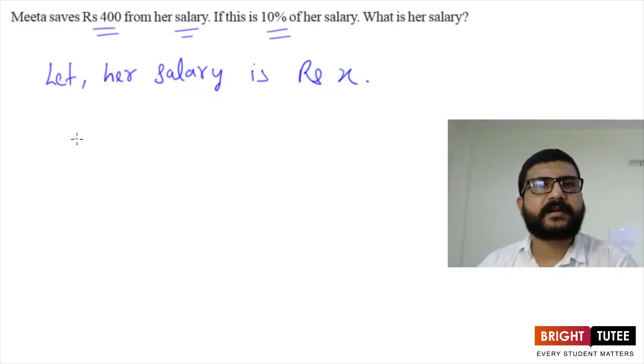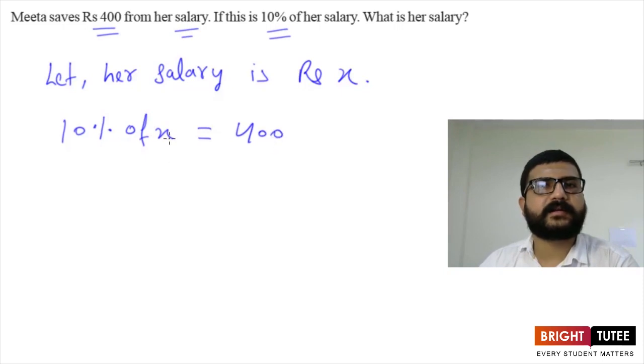It is 400. So it means we can say 10% of X is equal to 400. 10% of X means 10 upon 100, of means multiplication, and then we are having X.